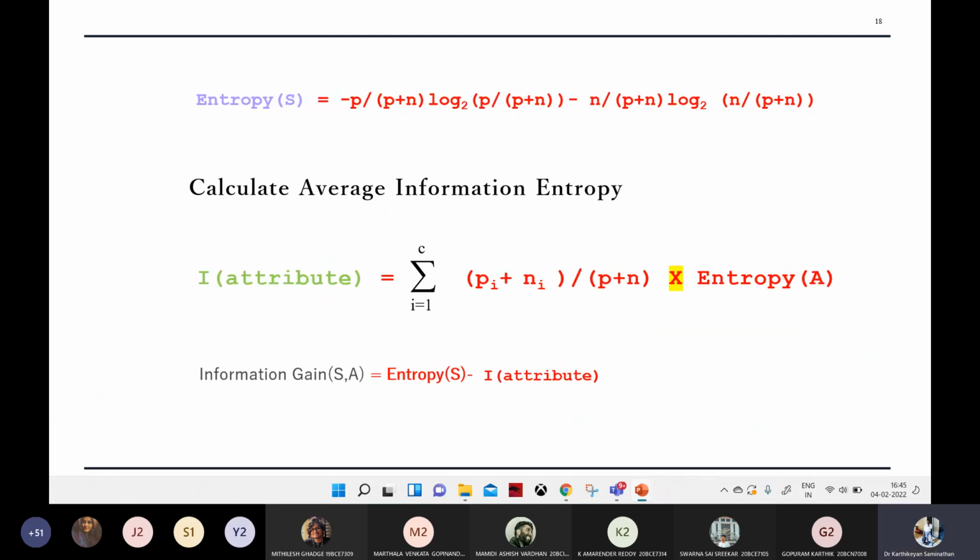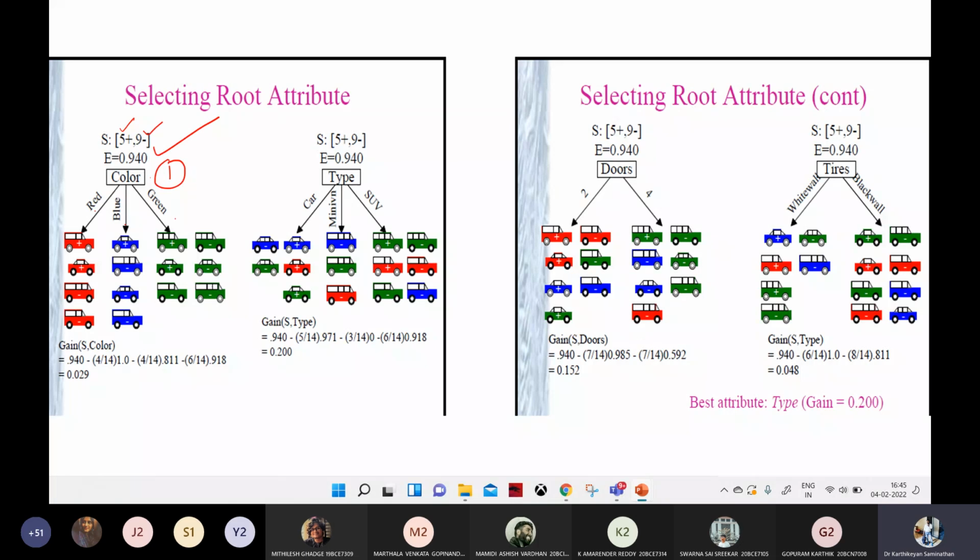Entropy of this one is 1.0. Here you should calculate this red car's entropy, E of 2 positive plus 2 negative, which is 1.0. For the next, 1 positive, 1 negative, the entropy value is 0.811.